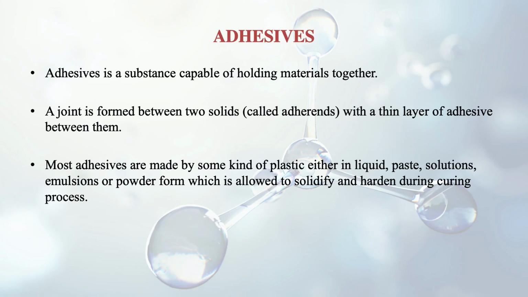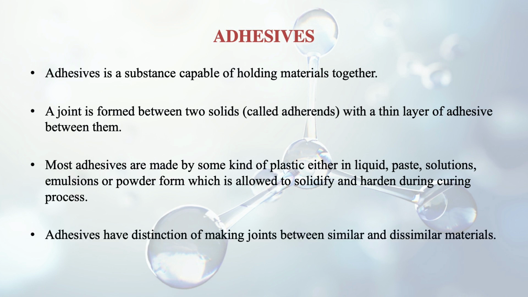We may have seen them at various places, and you would also have seen them in experiments. Most adhesives are made of some kind of plastic, either in liquid, paste, solution or emulsion form, or even in powder form, which is allowed to solidify and harden during the curing process. So it can be used in different phases also.